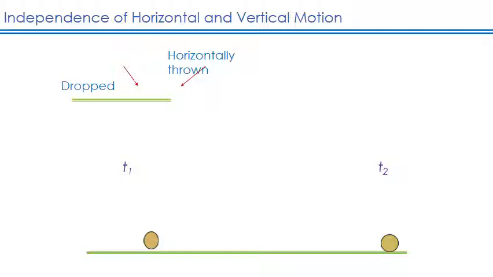If they take the same time to reach, it means the horizontal motion of the second ball did not affect the vertical motion. And as a matter of fact, t1 and t2 are the same.